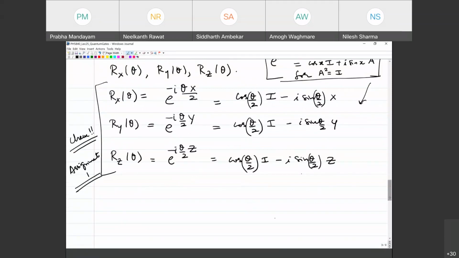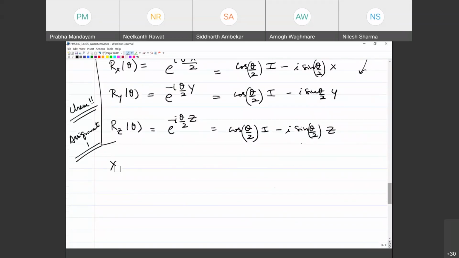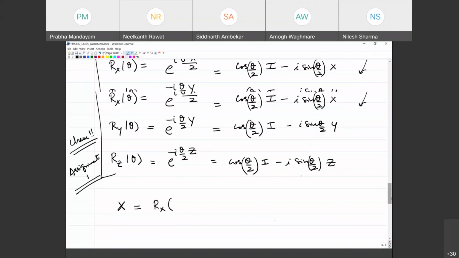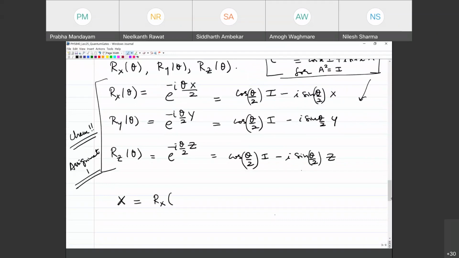Now you see that the X gate, the Y gate and the Z gate are essentially specific examples of rotation gates. So what is the X gate? X gate is Rx of what theta? What is the value of theta that gives you the X gate?